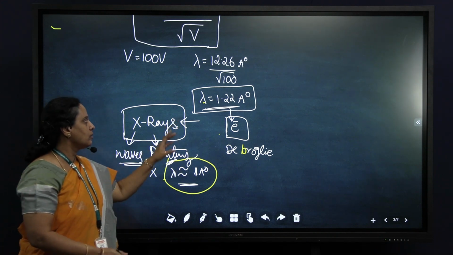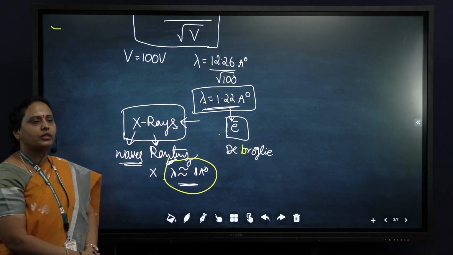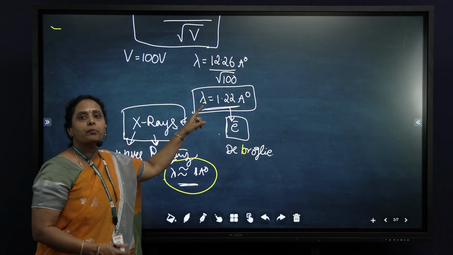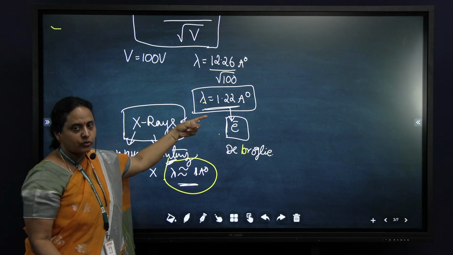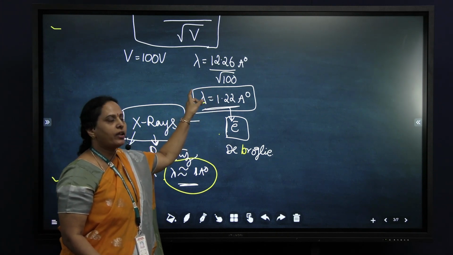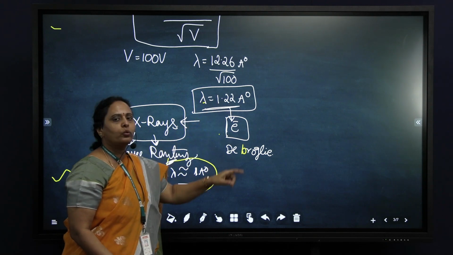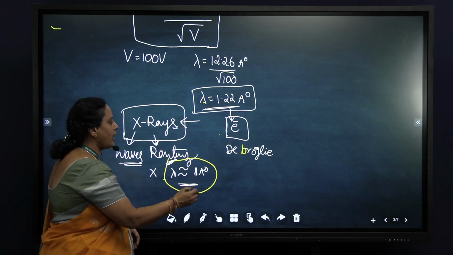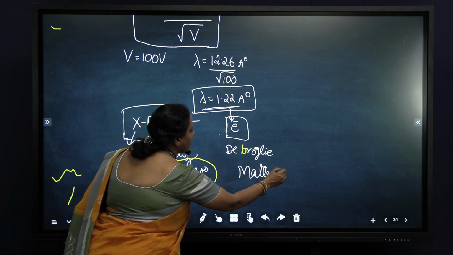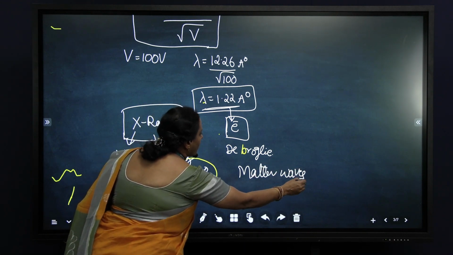So by this conclusion, de Broglie assumed that whenever electrons are accelerated with a high potential, they move like a wave, and those waves are known as matter waves, with a wavelength of 1.22 angstrom. So he said that a new type of waves had been introduced in the universe, and those waves are known as matter waves.